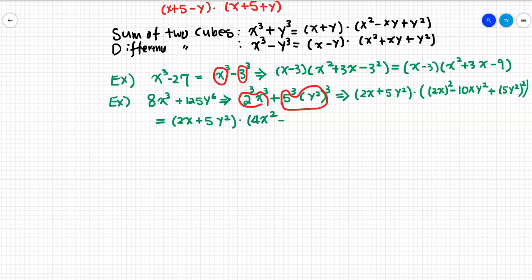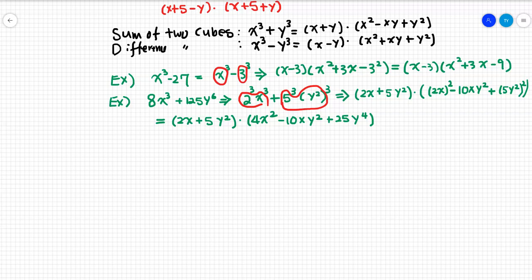Then I have a minus 10xy squared. Then I have 25y to the 4th, because you have to square the 5. So that should be the factored form of 8x cubed plus 125y to the 6.